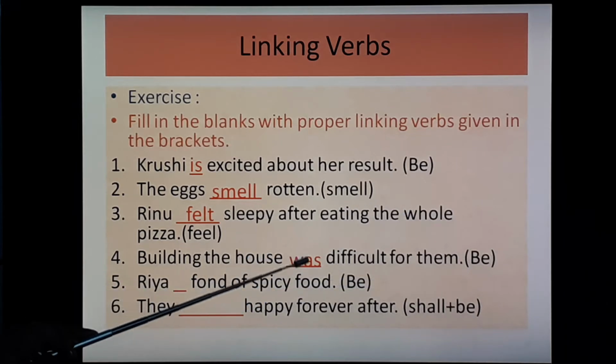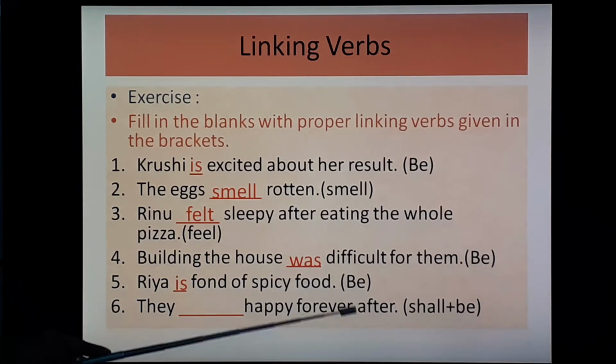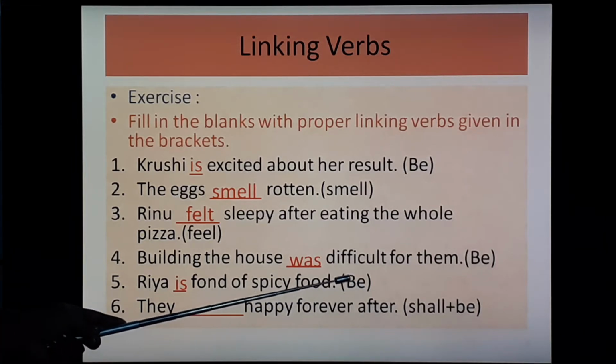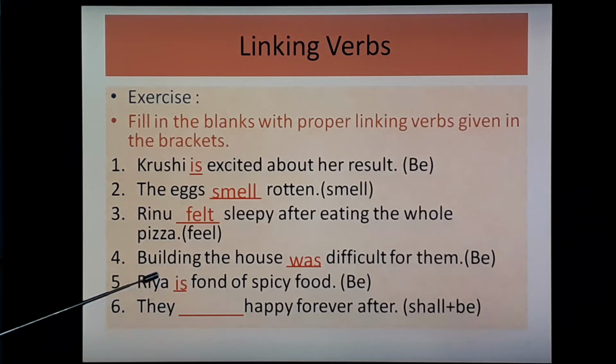So here was is mentioned because this is third person singular. Riya is fond of spicy food. In the bracket the be form is given. So you have to add is, am, or are or was, were. Here it is related to present tense, that is why is is mentioned. Riya is fond of spicy food.